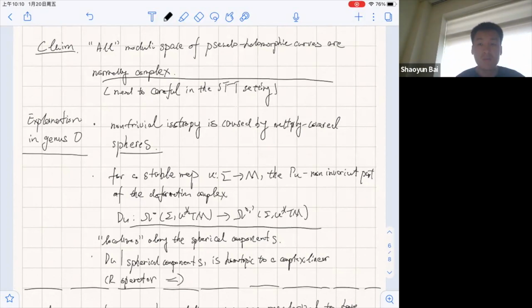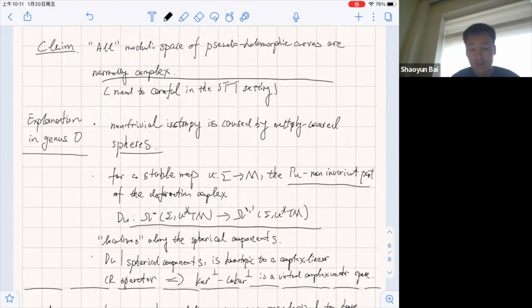Because of this homotopy, we know that if we take the virtual vector space cooked up from the difference of the kernel and cokernel of the non-invariant part, it's actually a virtual complex vector space.